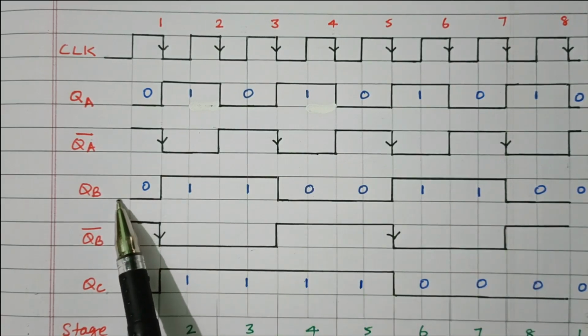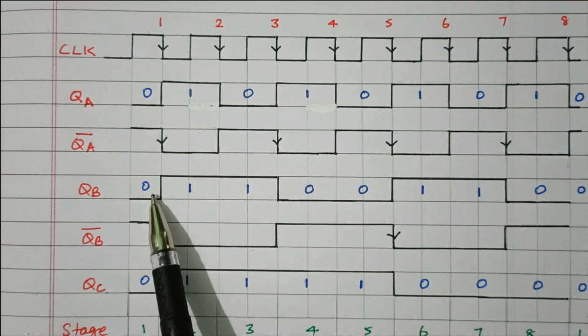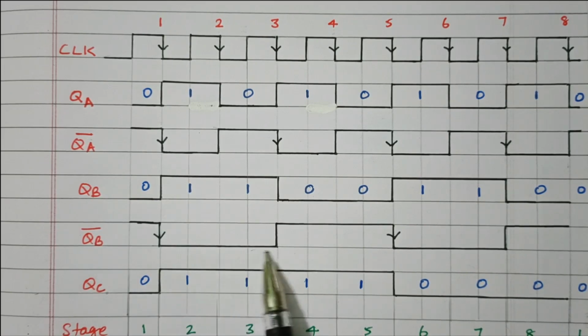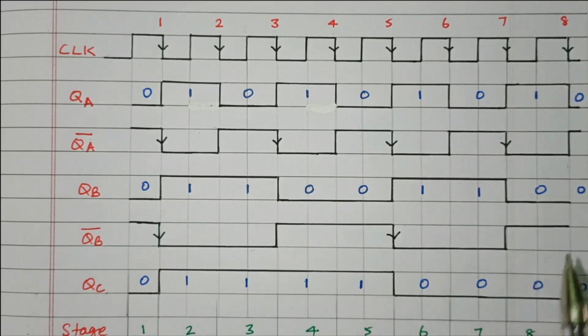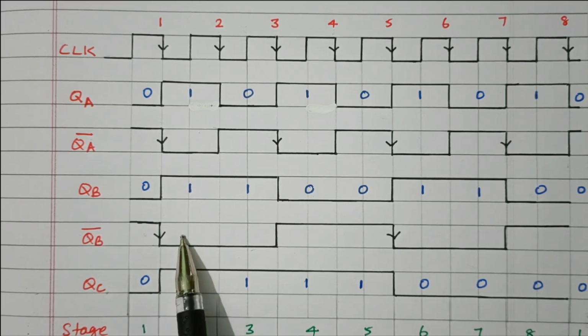Now this is QB. QB bar is applied to the third flip-flop. So it is inverted, QB bar. Now it is inverted: 0 means 1, 1 means 0. This inverted signal is applied to the third flip-flop. Now this is 1 here, so due to 1, the flip-flop toggles from 0 to 1. Here it is fully 0, so no change.